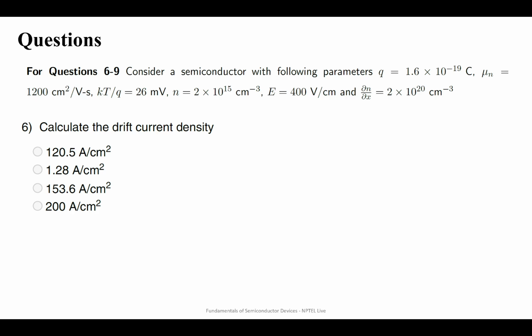What is your doubt? Anything you are not given, you consider as zero.